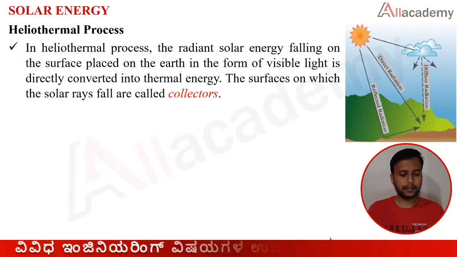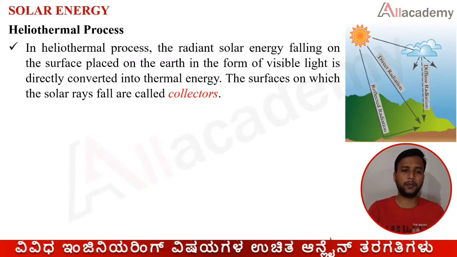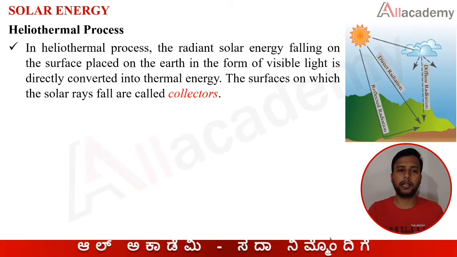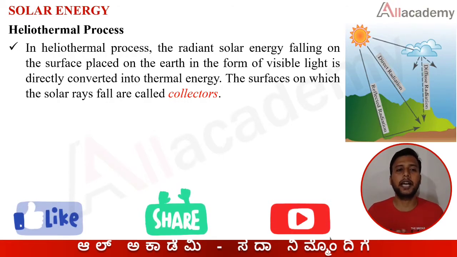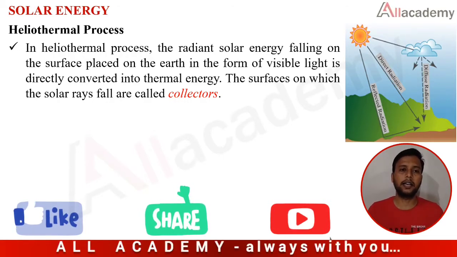In the previous session, we already discussed the two types of process, the heliochemical process and the helioelectrical process. In the chemical process, the sunlight energy influences an electrochemical reaction, and in the second one, the helioelectrical process, the solar energy is utilized to generate electricity or electric energy.